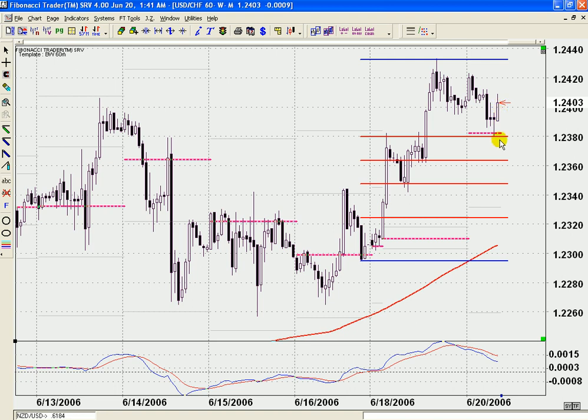I also have 10% of my position with a stop at 75, so it's a 10 pip stop on 10% of my position, and a 1 pip profit on 20% of my position, while I have profit of 20 pips on 70% of my position on this dollar franc position.